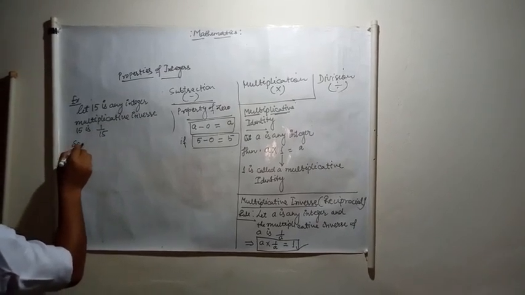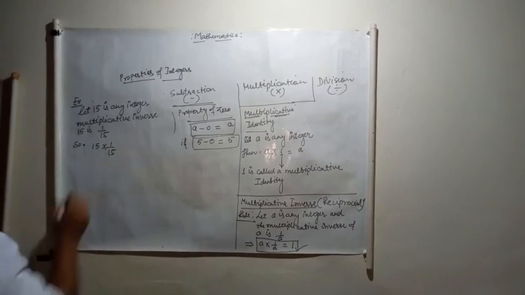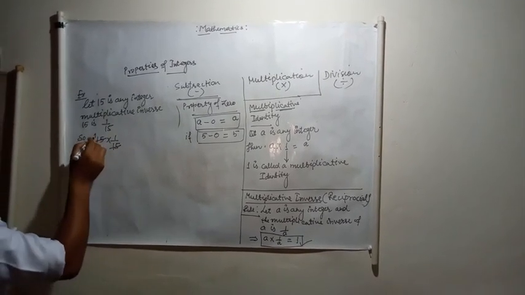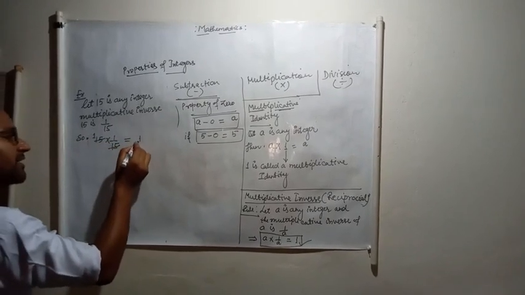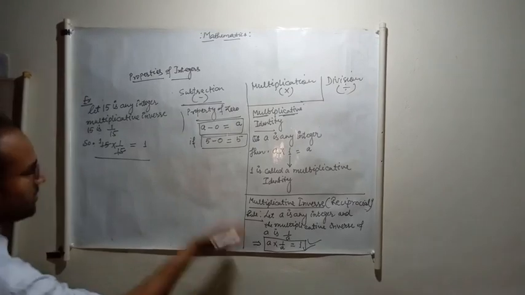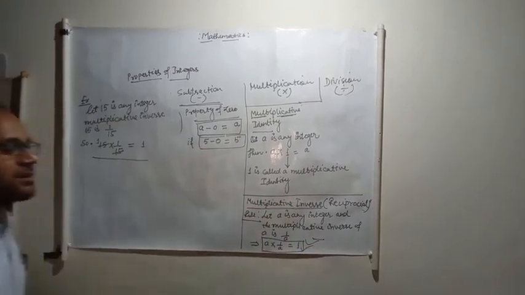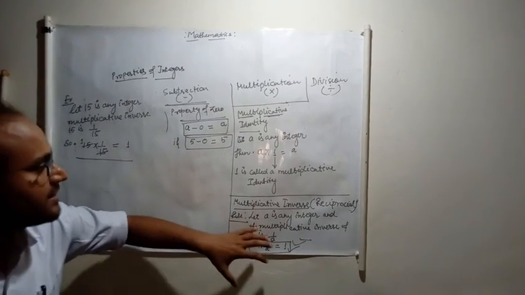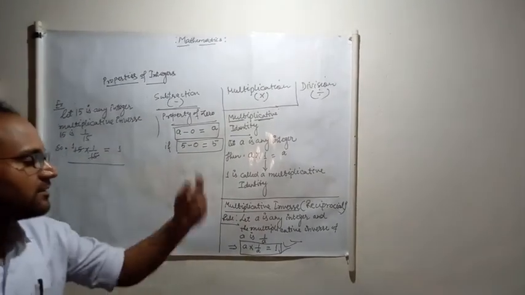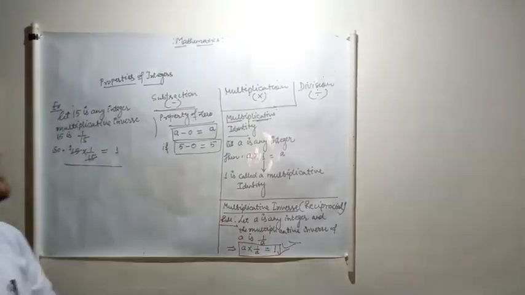So according to the rule, 15 is multiplied by 1 upon 15. What will you get, students? 15 is cancelled out by this 15. 15 ones are 15, and 1 multiplied by 1, you will get 1. This example verifies your rule. So multiplicative inverse means that if you take any integer and multiply it by its multiplicative inverse, your result is always 1. That is a special property of multiplication.